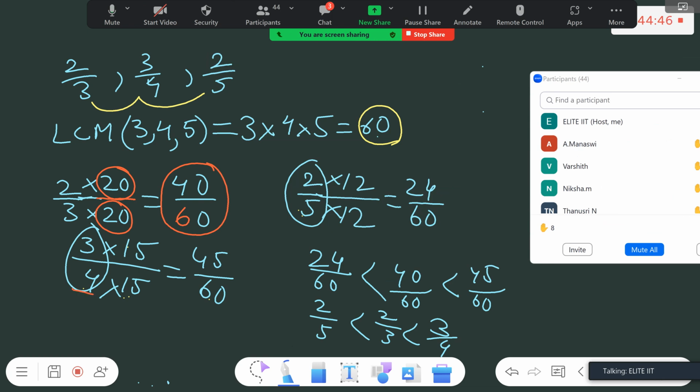Similarly, we have to make this denominator 4 as 60. How to make it? What is 60 divided by 4? It is 15, isn't it? So we'll multiply both numerator and denominator by 15.